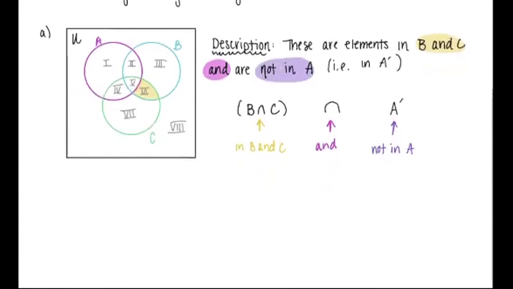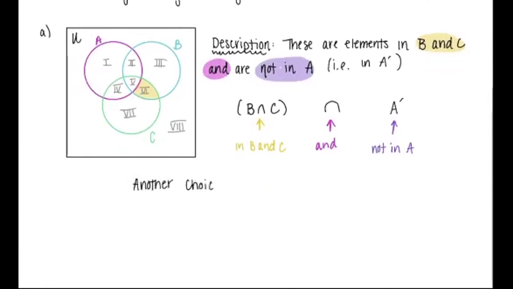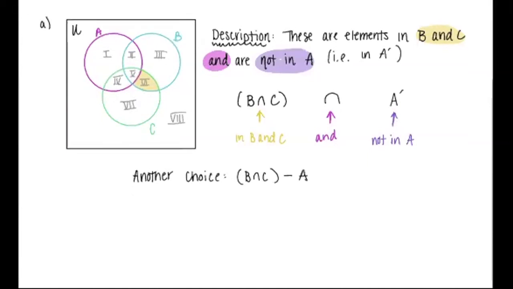Now, there's not one right answer for this. Another choice you could pick, they're in the intersection of these two. So I take what's in common to B and C, but then I have to delete what's in A. So another choice would be I take the intersection of those two and then I delete what's in A. Okay.